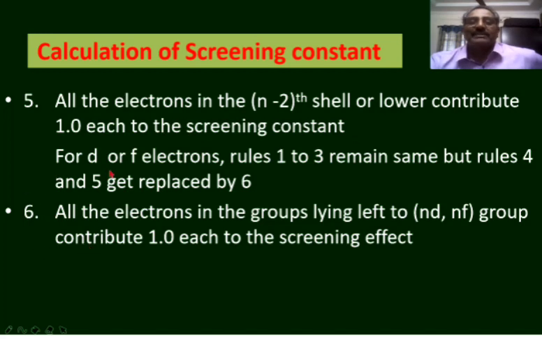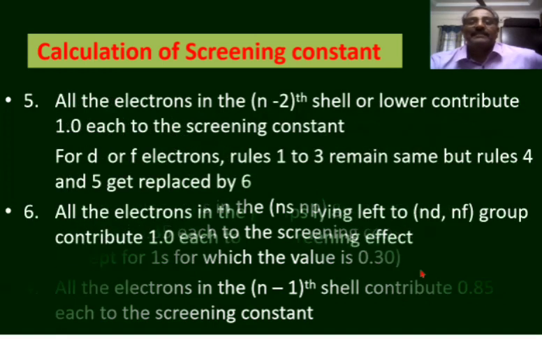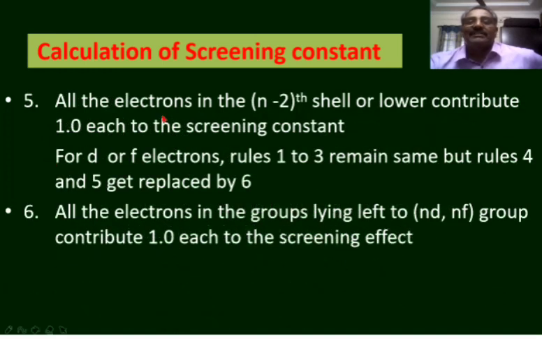In the case of d or f electrons, the rules 1, 2, 3 remain same, but rules 4 and 5 get replaced by 6. What is 4? All the electrons in the n-1 shell contribute 0.5 each. The fifth rule is all the electrons in the n-2 shell or lower contribute 1.0.